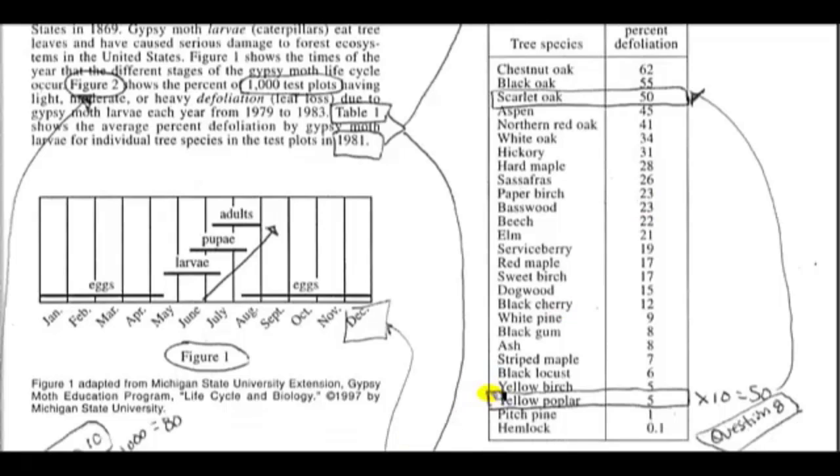Yellow poplars is here. Get a number. The number is for deforestation. Deforestation is the column here. It is 5. 10 times more than 5 is 50. Look in here and see which one of these numbers gives you 50. 12, 17, 22, 28, 34, 41. Scarlet oak is 50.